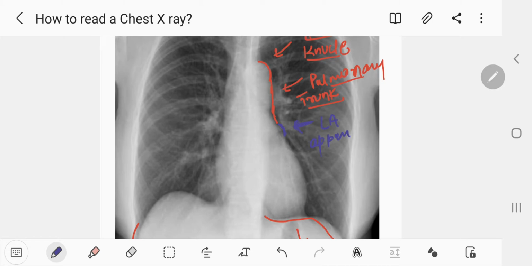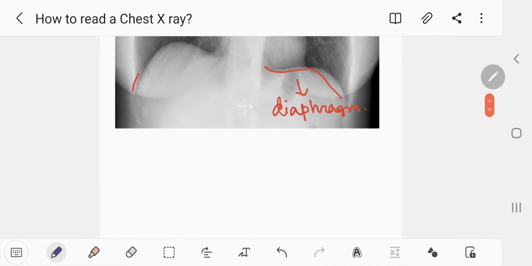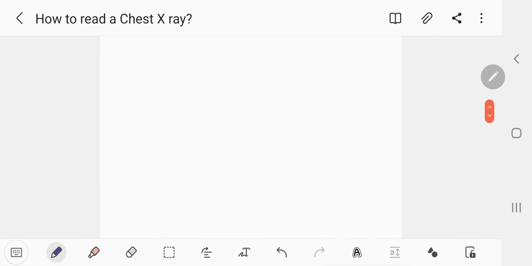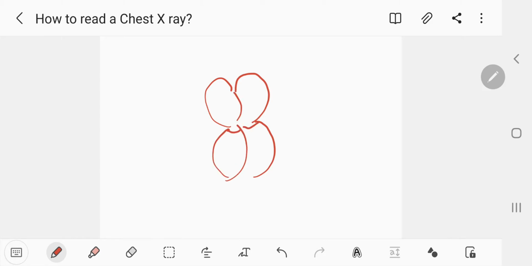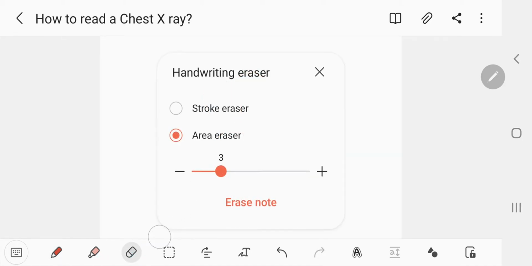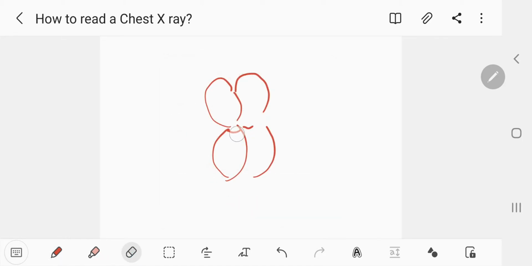You might be wondering what the left atrial appendage is. Let me make this easy for you. When you talk about both the right and left atrium, it looks something like this, but we usually forget to count the two beautiful appendages, which are present just at the corners where the right atrium and left atrium meet the respective ventricles.